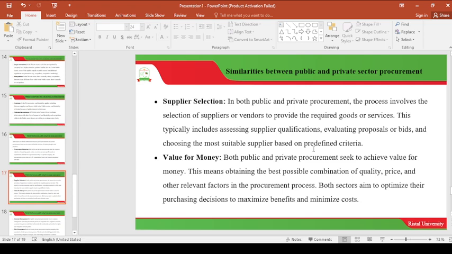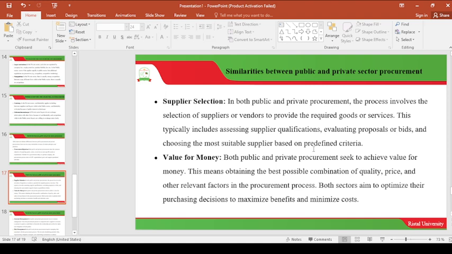Then supplier selection. In both public and private procurement, the process involves the selection of suppliers or vendors to provide the required goods or services. This typically includes assessing supplier qualifications, evaluating proposals or bids, and choosing the most suitable supplier based on predetermined criteria.